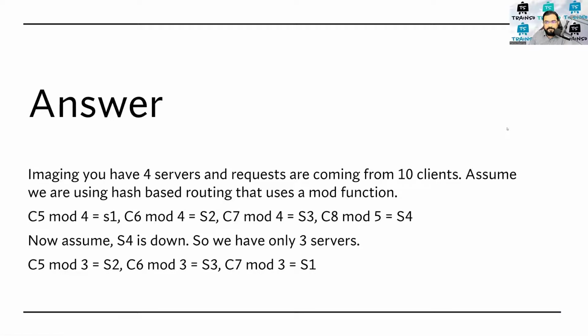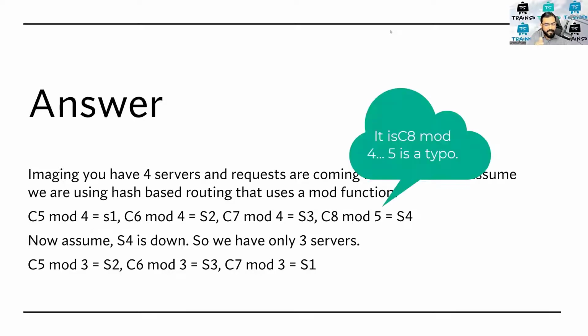And how? Imagine you have 4 servers and requests are coming from 10 clients. Assume we are using hash-based routing that uses a mod function. So in the previous example, C5 mod 4 equals S1, C6 mod 4 is S2, C7 mod 4 is S3, C8 mod 4 is S4.